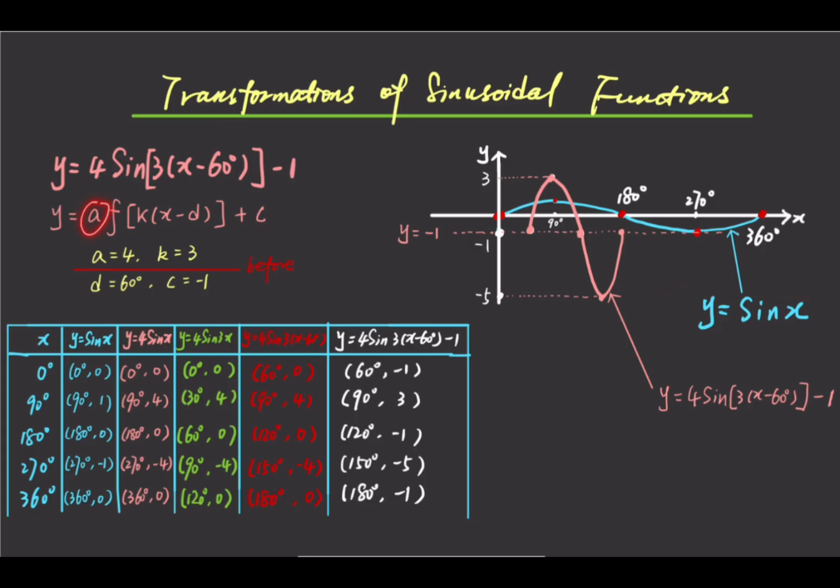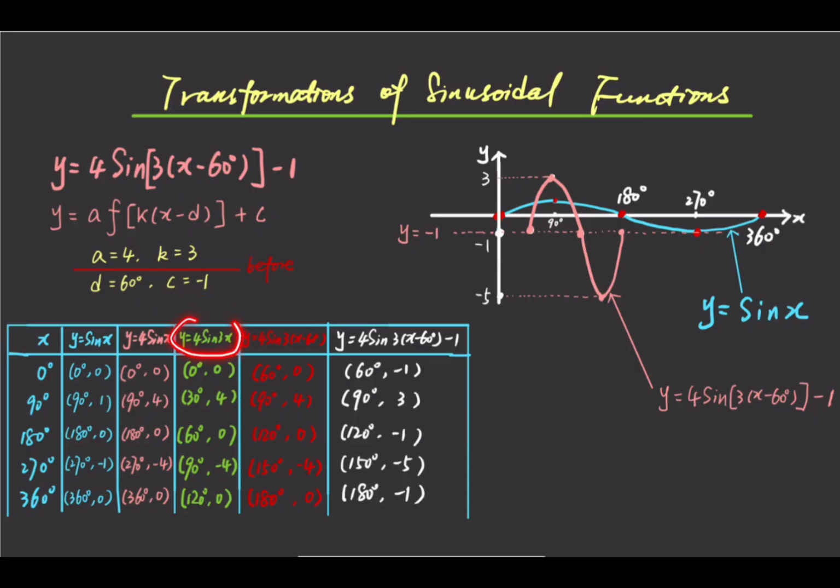According to parameter a equal to 4, we can figure out this transform function. Then according to this parameter k, we can figure out this transformed function. Of course, you can reverse the transforming order between this parameter and this parameter. It doesn't matter. But these transformations according to these two parameters must be performed before the transformations according to these two parameters.